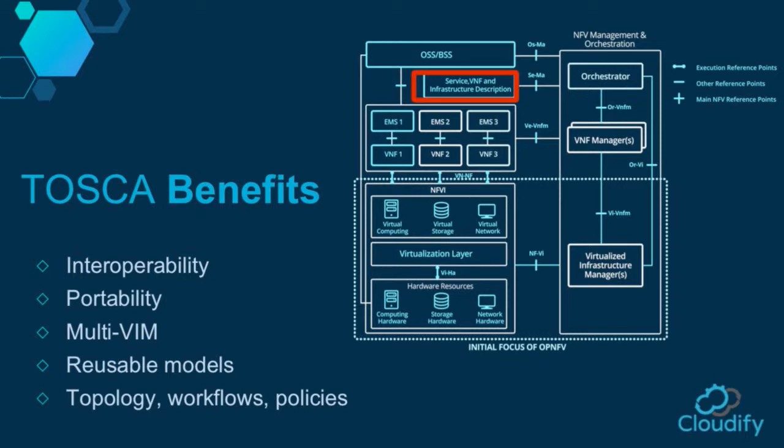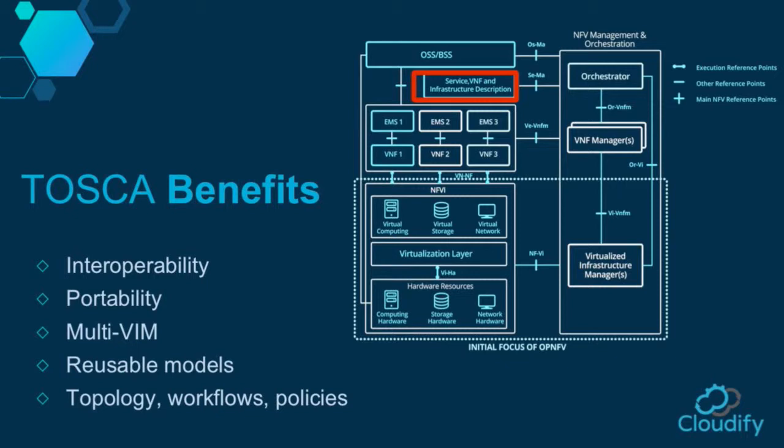TOSCA also enables portability. The way that this modeling happens is in a way that's agnostic to the environment. So you're going to model the application without necessarily knowing or saying where it's going to be running. So the same model can actually run in different environments, on OpenStack, on VMware, on other environments in the future.